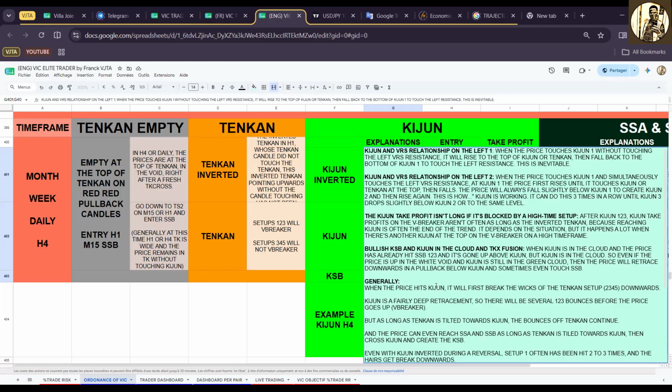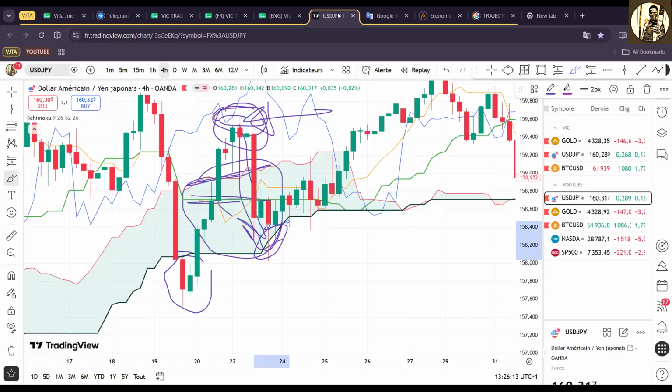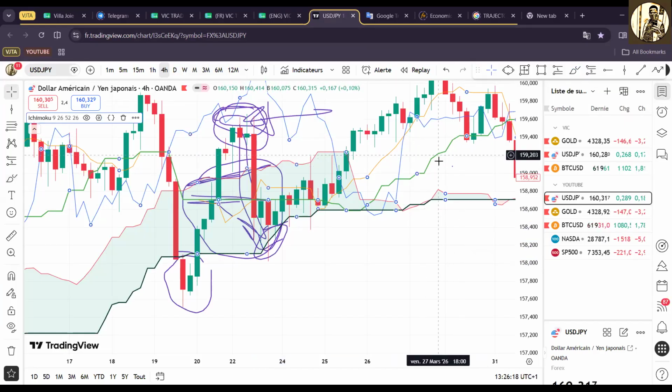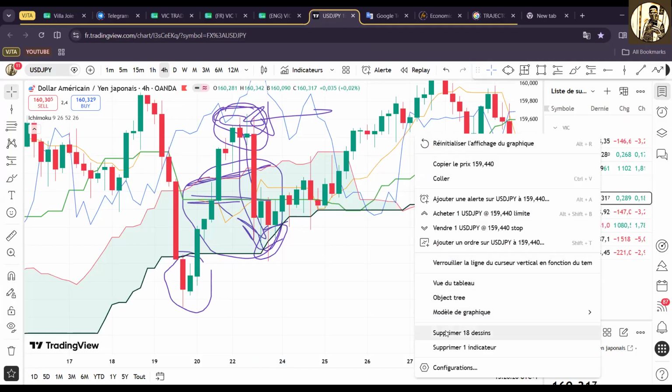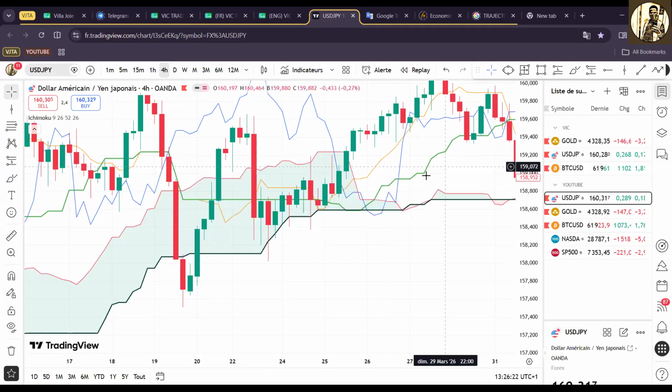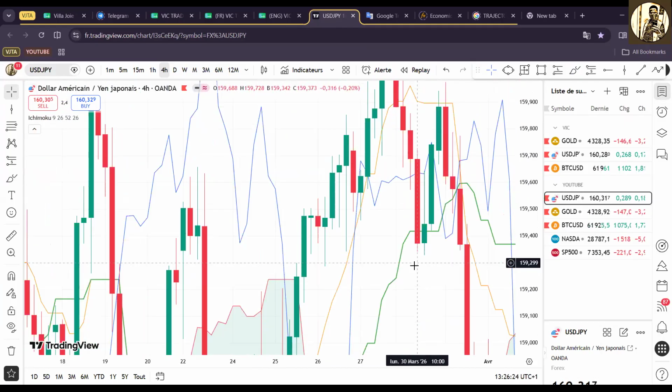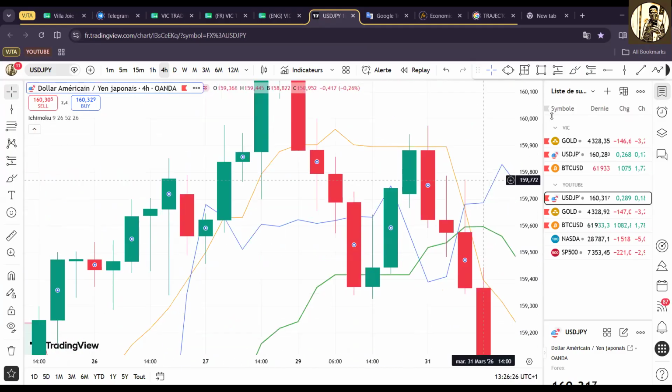When the price touches Kijun, it will break the wick of Tenkan setups. Exactly. Look for example at this level.